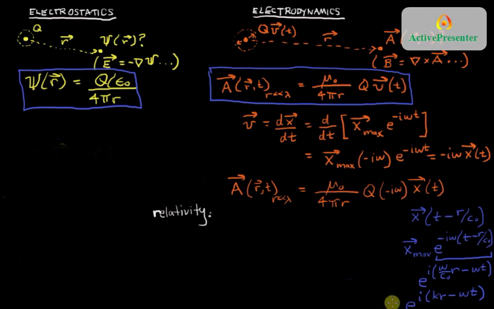We have an x max. Building to the left, we have a q. I'll write it next to the x for reasons to be seen in a second. And what's left over here is minus i mu naught omega over 4 pi r.